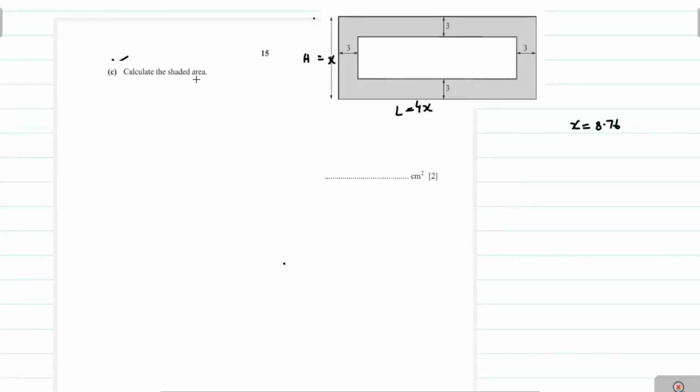Part C, calculate the shaded area. The area of the shaded region will be equal to the area of the large rectangle minus the area of the small rectangle.